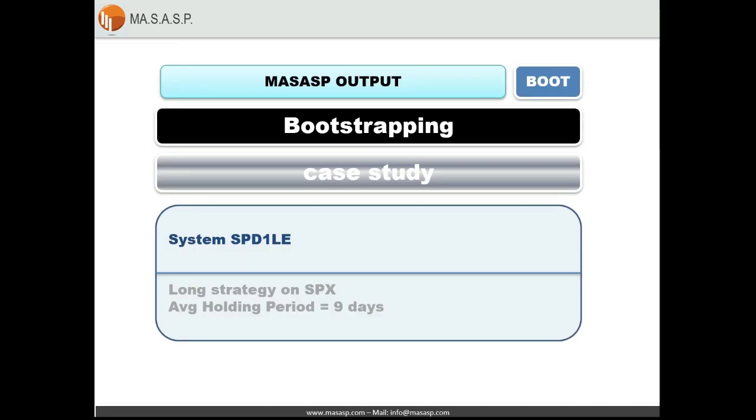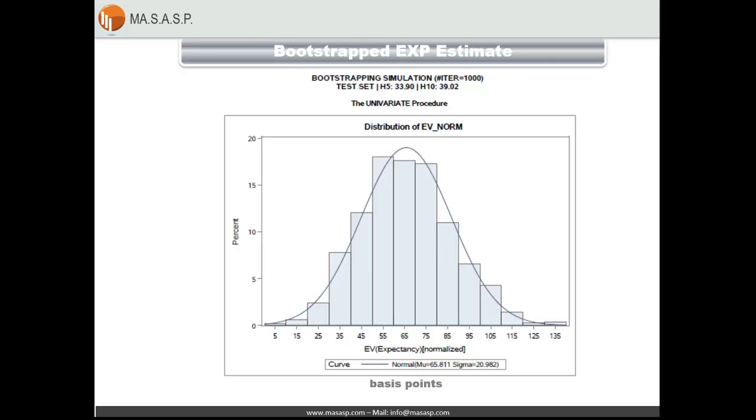Let's switch to another real-life example. Here we have the long strategy on the US stock index. The expectancy point estimate is nearly 65 basis points. Its lower confidence limit is nearly 34 basis points.